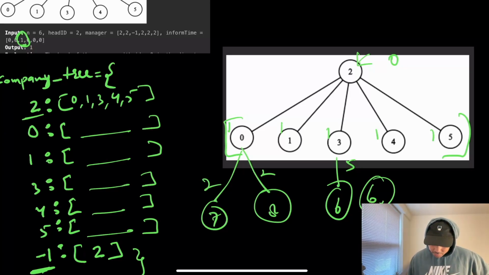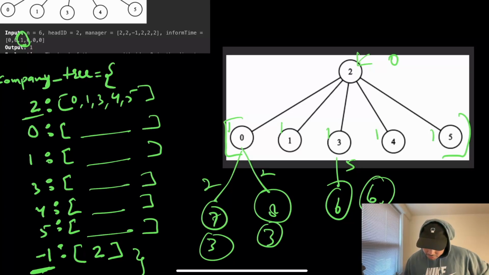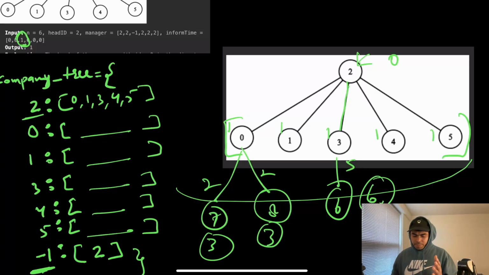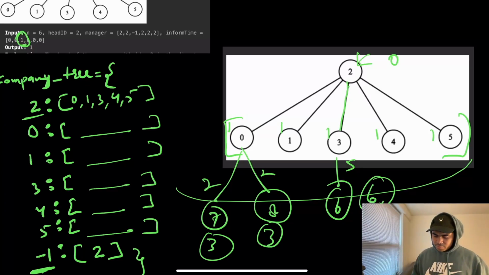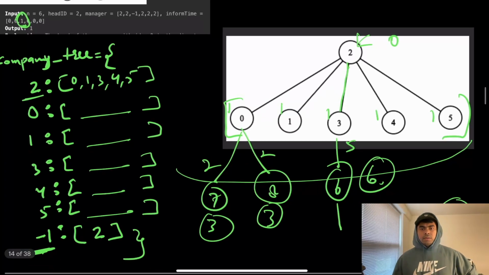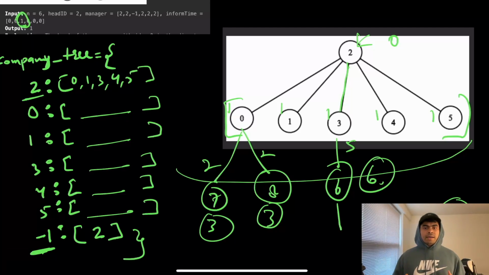So then at this point it will become 3 and 3 for both of these. But the answer would be 6, because we have to calculate the maximum time, whichever employee path is returning the maximum time taken to inform the last employee in this company tree hierarchy.